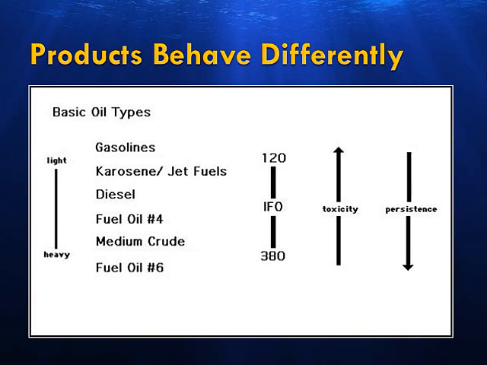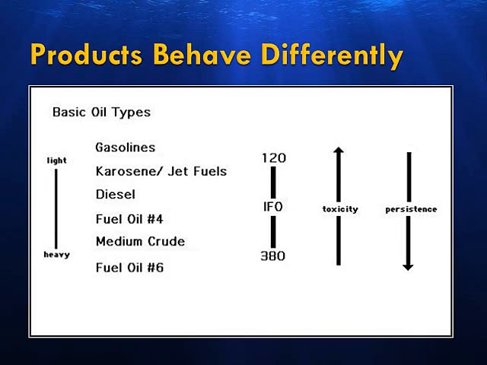It's also that complexity and the different grades of oil that are going to determine whether people call it light oils, light refined products, or heavy refined products. Typically, the lighter refined products are going to be less persistent in the environment than heavier products, and typically they're going to have a higher acute toxicity than the heavier products.